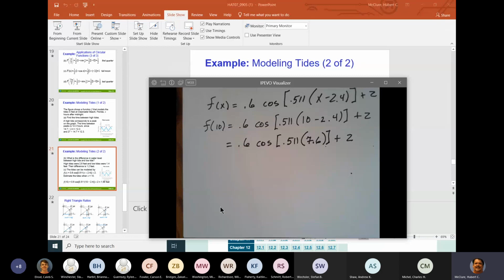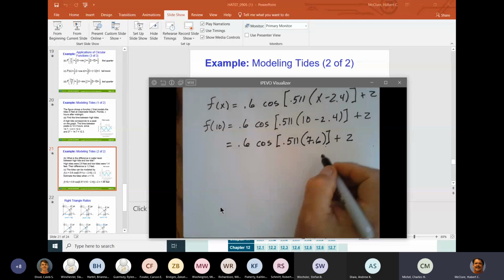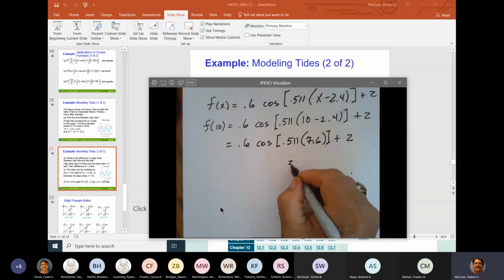And half of 7.6 is 3.8. So if somebody multiplies 0.511 times 7.6, it's going to be around 3.8. What is it? I got 3.8836.